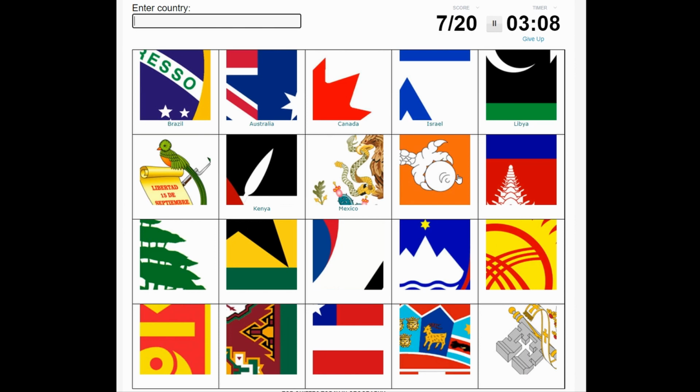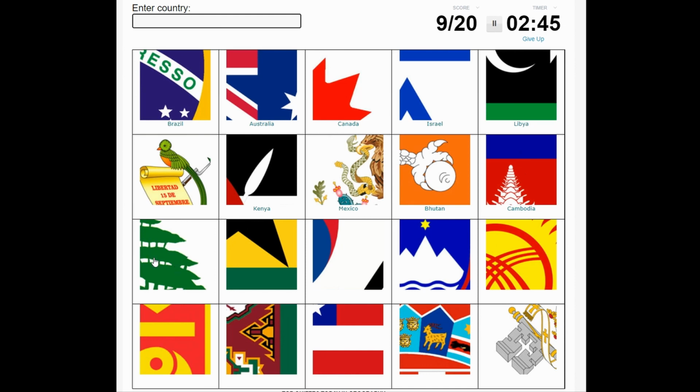I don't know why, but Bhutan is coming into my head. I think it's actually a dragon, but I'm not really sure. I don't know the history of that. And then this, I think it's a temple, but I don't know. I've never actually really examined that flag, but I think it's Cambodia, with sort of the red and the blue.